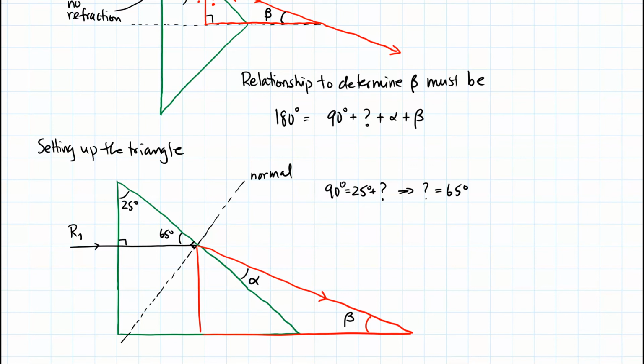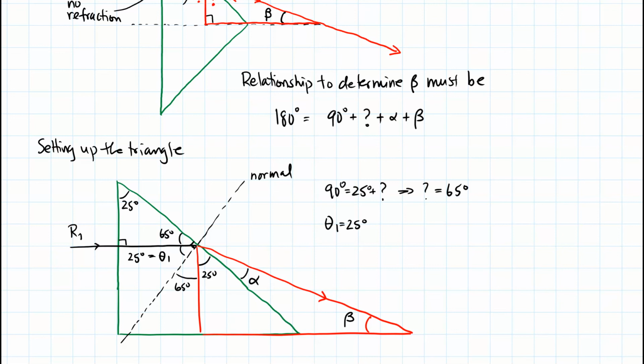Because this normal line is perpendicular to the green, you could see that the sum of 65 plus this angle, theta 1, must be 90 as well, so that immediately tells me that theta 1 must be 25 degrees. As I continue to move around, again note that this angle right here is a 90-degree angle, so therefore this must be 65. And if I look at the normal relative to this, that means that this angle here must be 25 degrees.